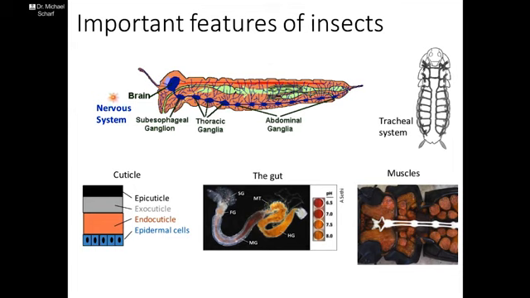Here at the top, this is a grasshopper, I guess. It's kind of sliced in half, and we can see this blue structure going all the way through the ventral side, the bottom side of the insect. That's its nervous system. Insects have a brain, and then they have all these ganglia, which are bundles of nerves at each segment for the most part.